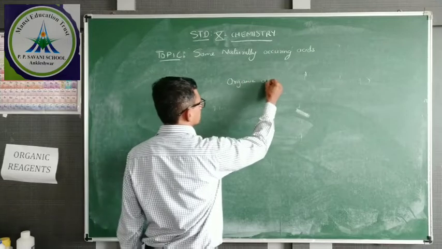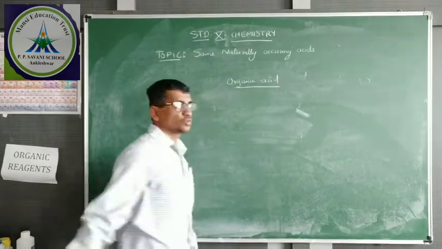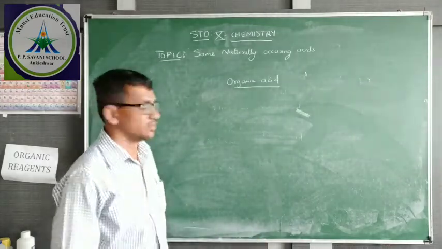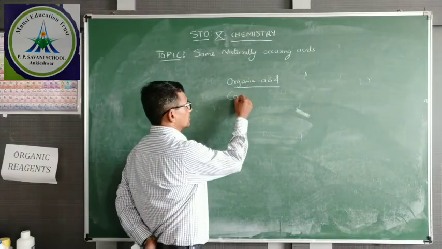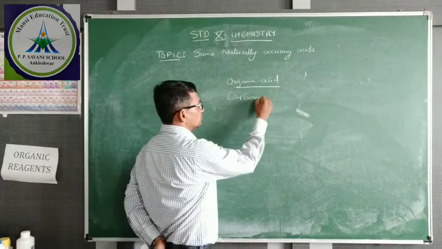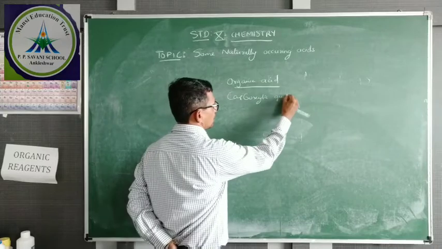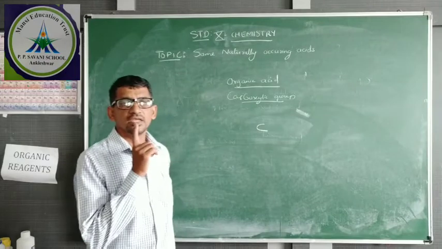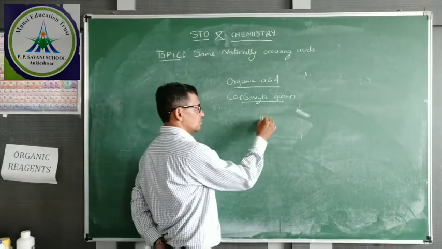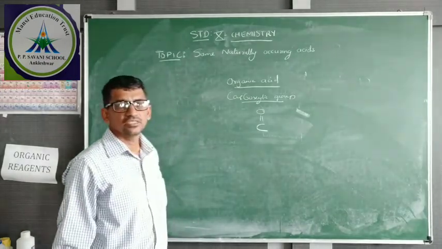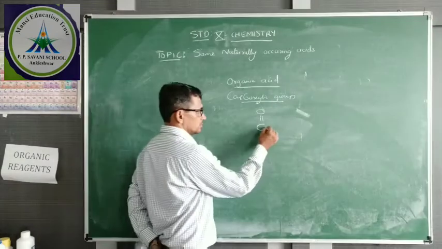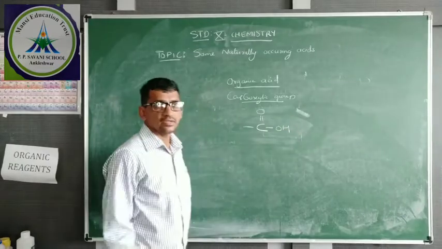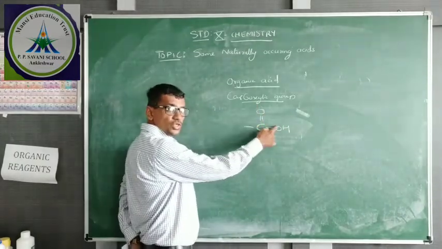Organic acids. Most organic acids are obtained from nature. They contain a carboxylic group. Carbon double bonded with oxygen is a carbonyl group. When it also contains an OH group, it is written C double bond O, OH.